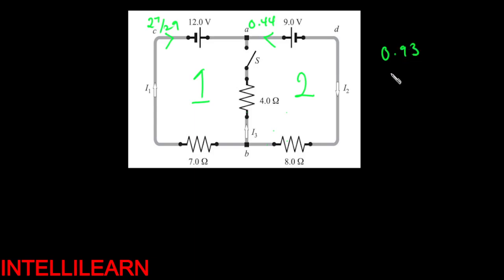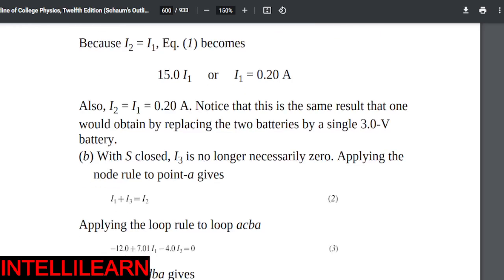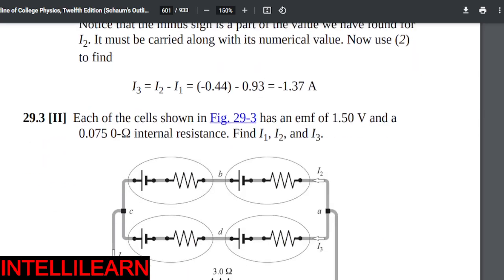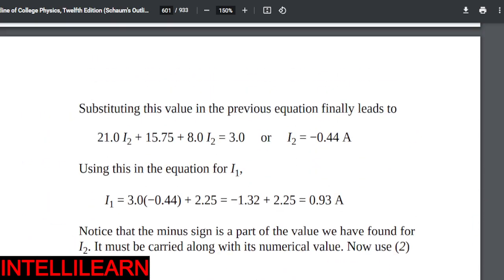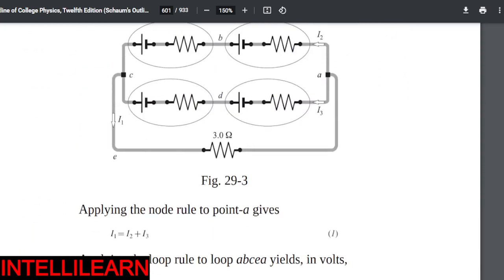I2 is 0.44. I3 is what? 1.37. Let's check. Look at that. 0.44. 0.93. What is the last one? 1.37. We are very correct.